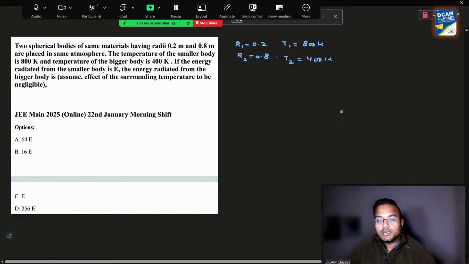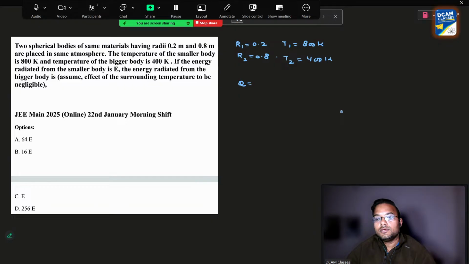So we know energy Q is equal to E A sigma T power 4 into time. E will be the same for both, sigma will be the same for both, while temperature and area will be different. For the first one the area is 4 pi r1 square, for the second one the surface area is 4 pi r2 square.